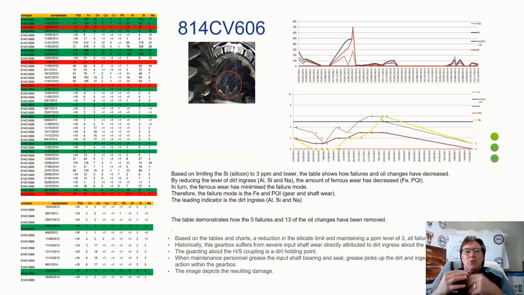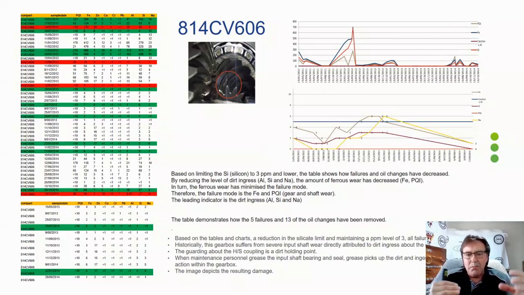Okay, so we looked at it, and then by applying some simple filters, as far as eliminating the ferrous wear, I started to identify dirt signature as that trend. Not a lubricant breakdown, not oxidization or anything like that, but dirt signature. So I reversed that and started looking at lowering those limits down, as far as dirt signatures.